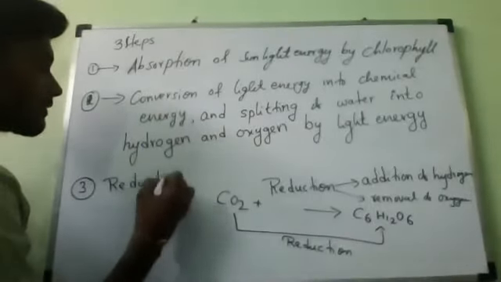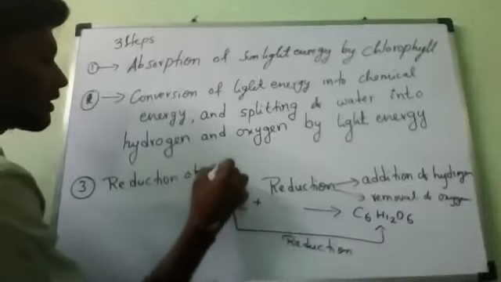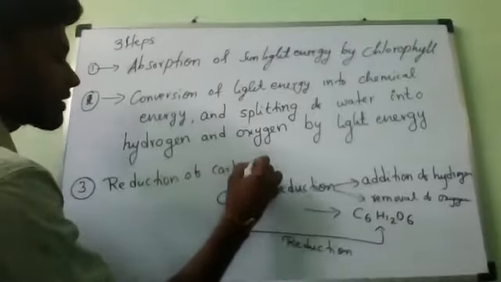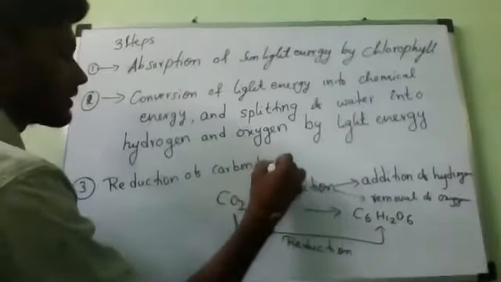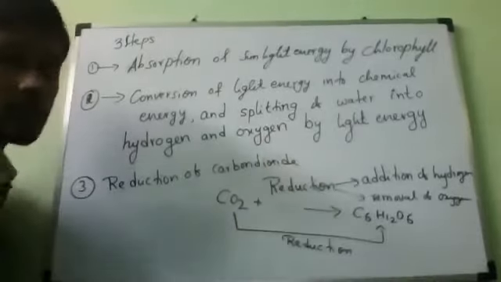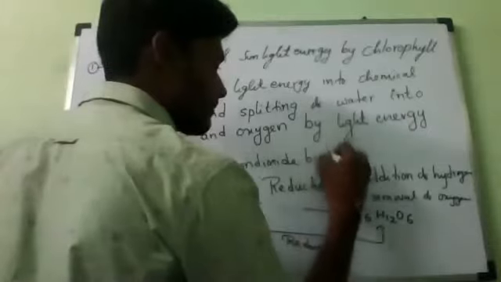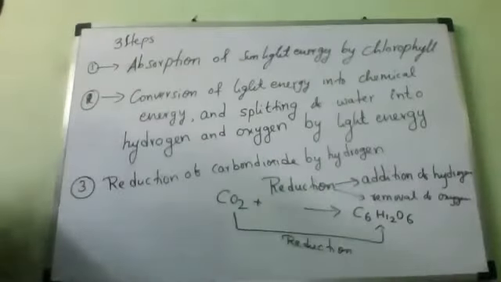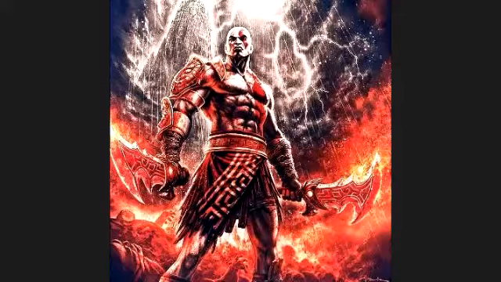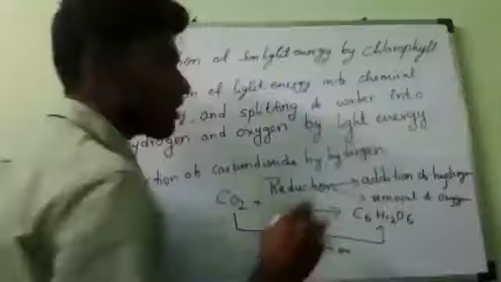Reduction of carbon dioxide by hydrogen. By whom? By hydrogen. Means adding hydrogen or removing hydrogen? Addition of hydrogen. Is it yes or no? So by hydrogen to form what?